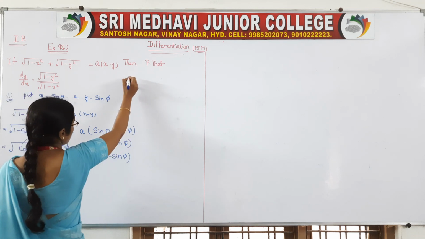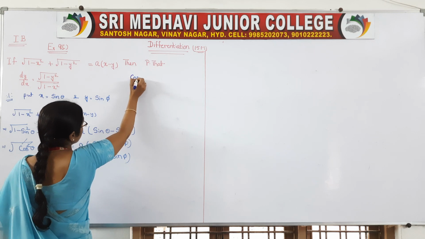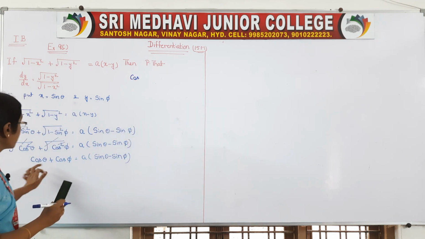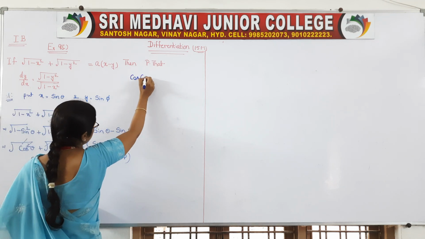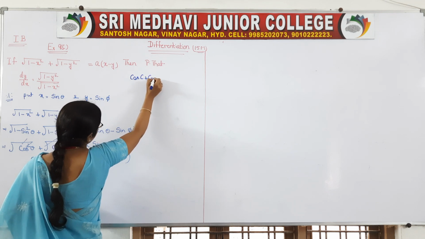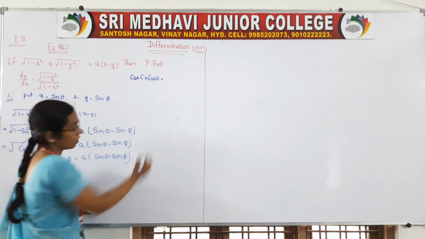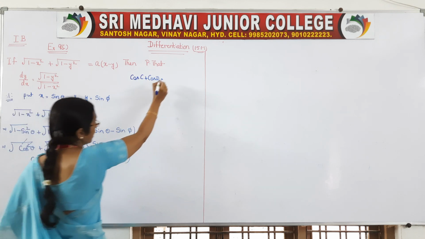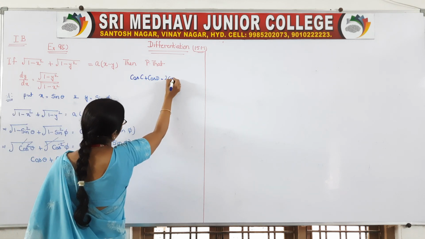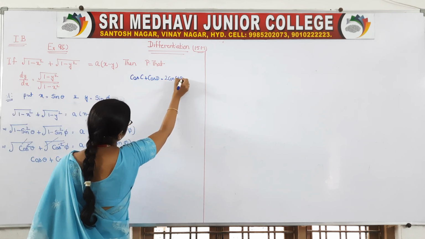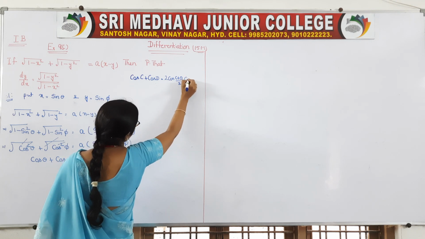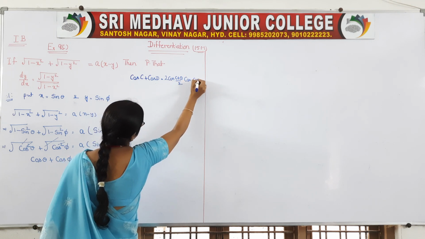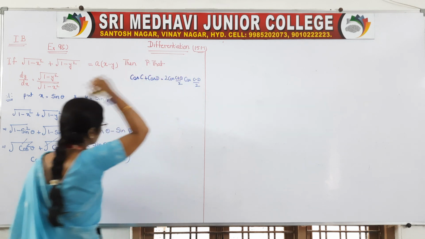Now come to the formulas. Here we got cos C plus cos D. Cos C plus cos D is equal to 2 cos of (C plus D) by 2 into cos of (C minus D) by 2.